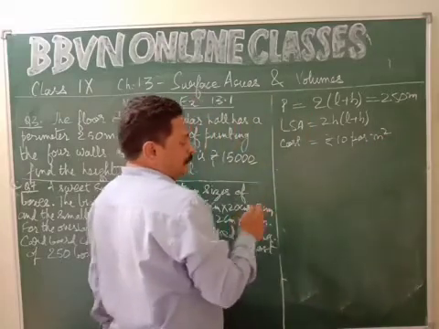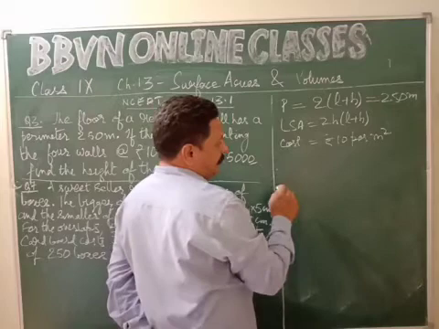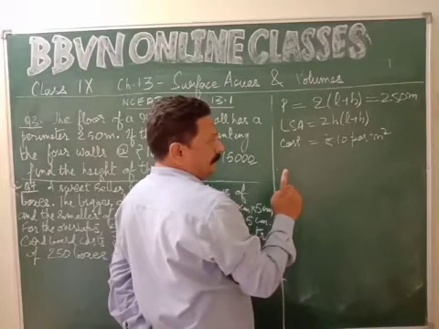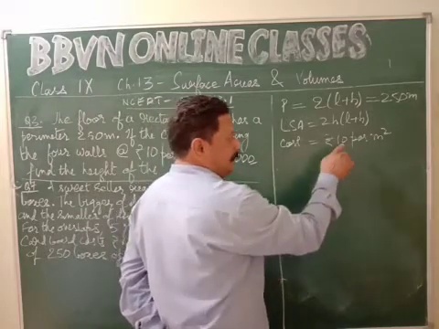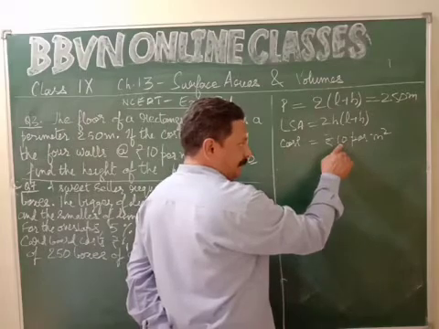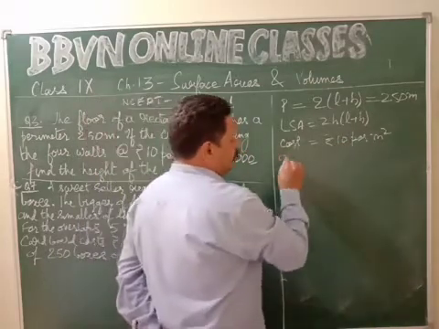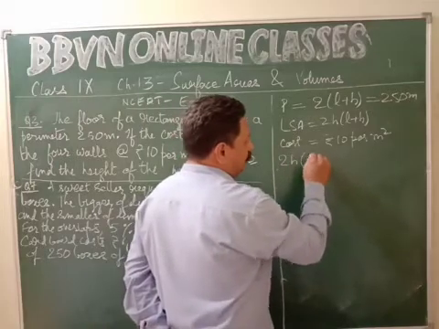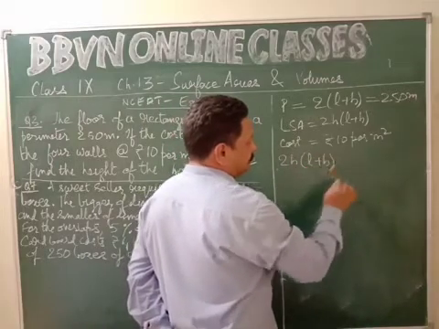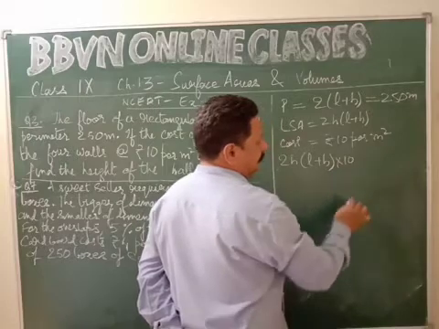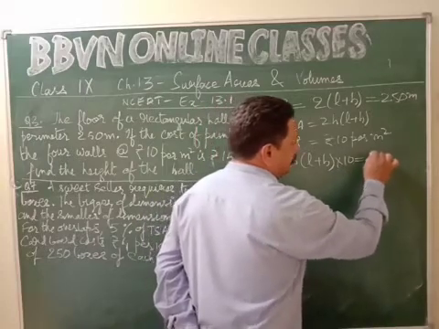So, according to the question, lateral surface area multiplied by the cost of painting per meter square will be equal to the total cost given. So 2h into (L plus B) multiplied by rupees 10 is given as rupees 15,000.